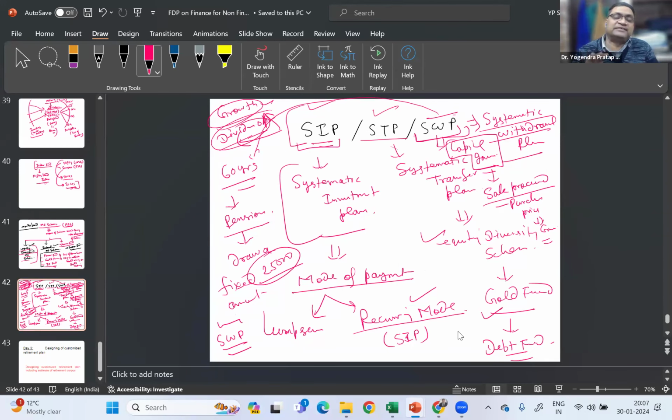When you go to mutual fund, there are two things. One is Explore, the second is Tools. Go to Find Fund.